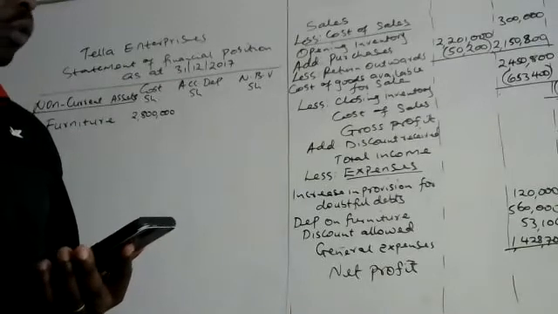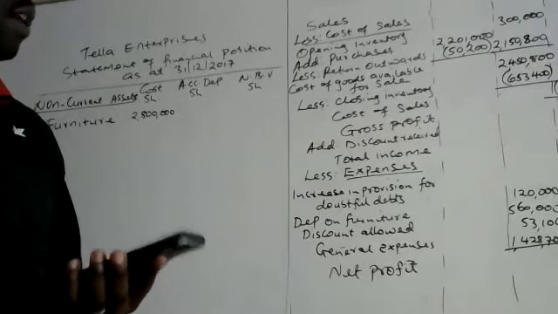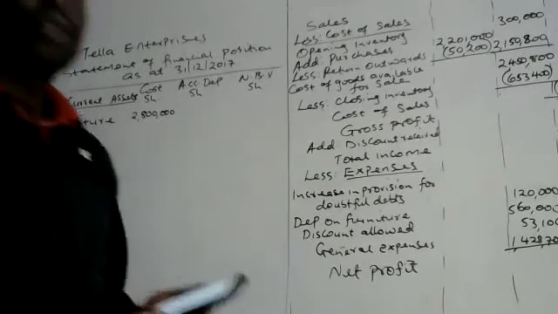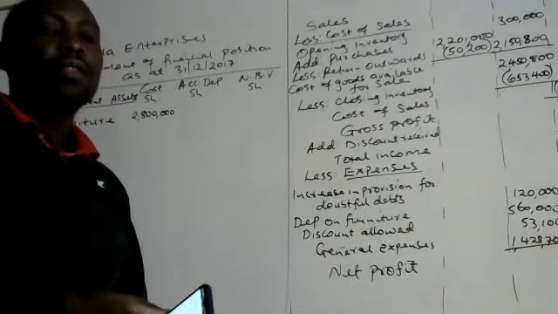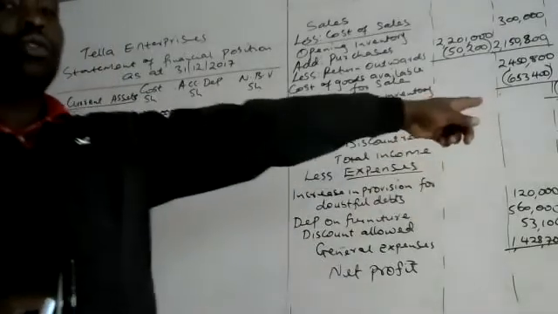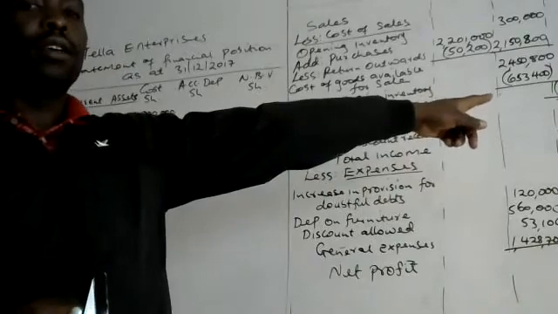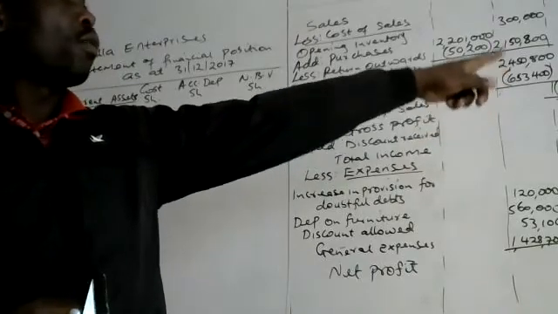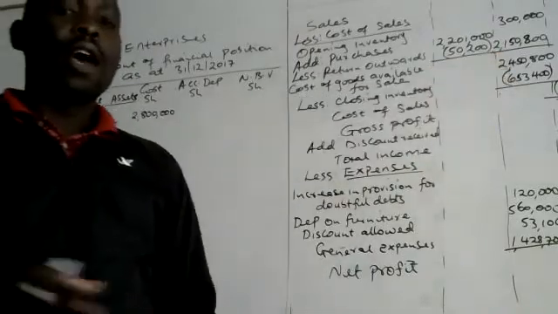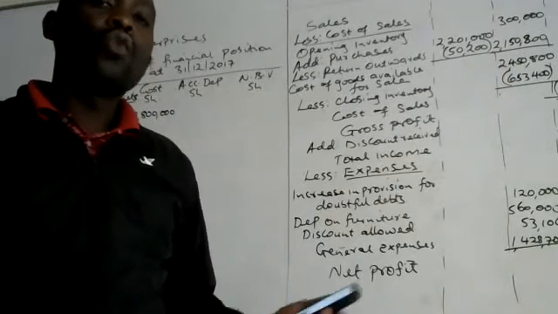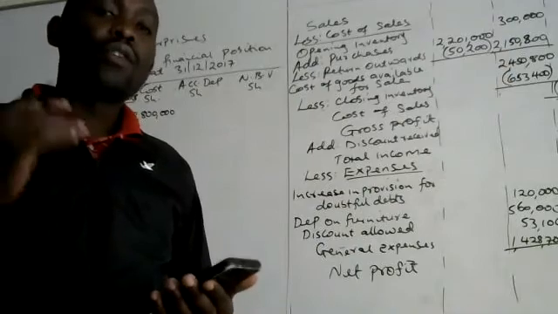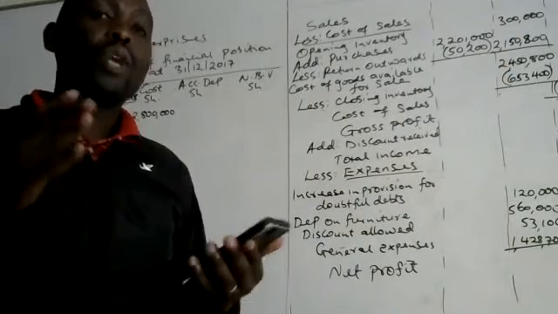That is what the furniture has lost up to the beginning of this financial year. And then in this financial year, it has lost what we have done there as working. So you need to add the two so that you can get the total depreciation amount to date.